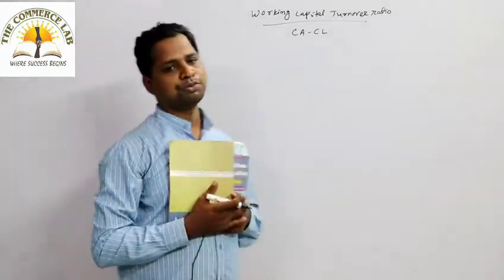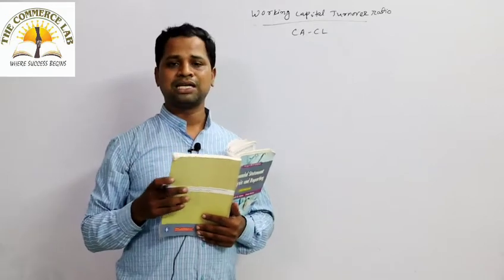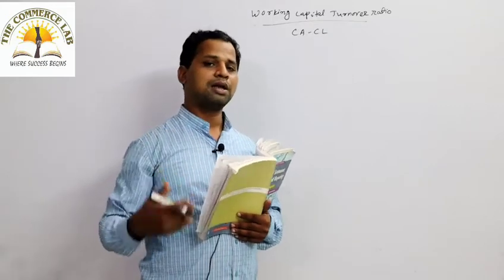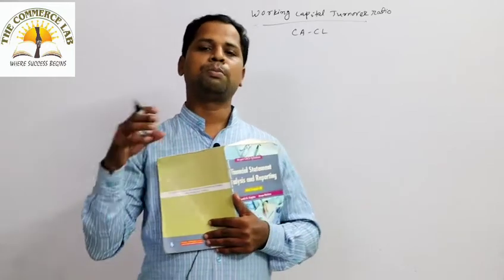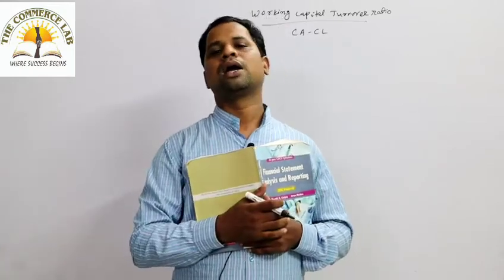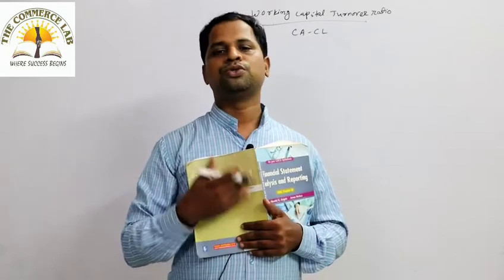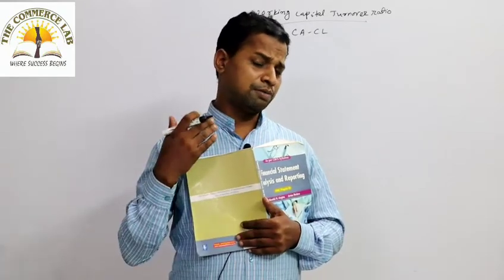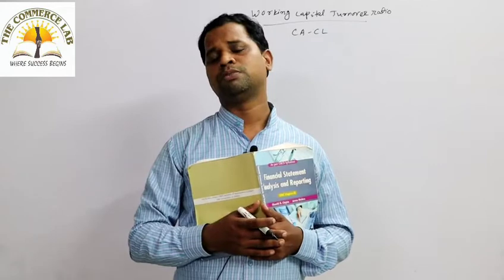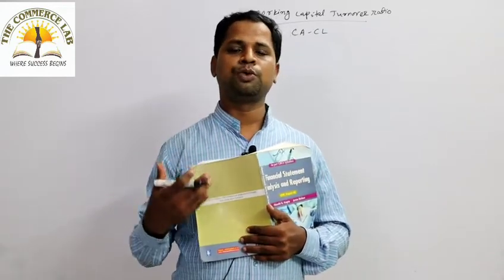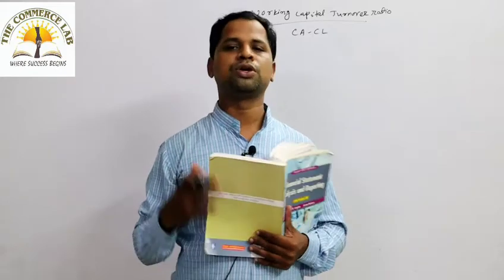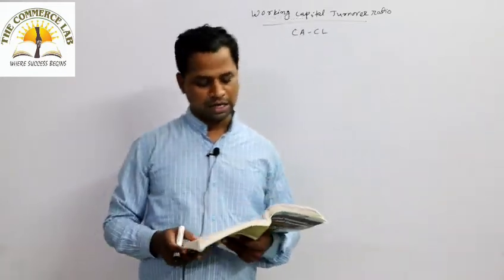Working capital turnover ratio means how many number of times in a particular year the working capital is turned. Working capital means how much money you are investing in your current asset. Your current asset should be sufficient to pay your short-term obligations or your current liability.